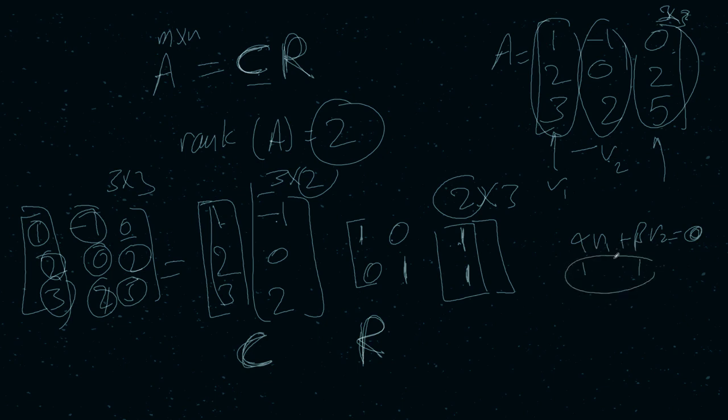You can see one thing here: both rows are also independent.